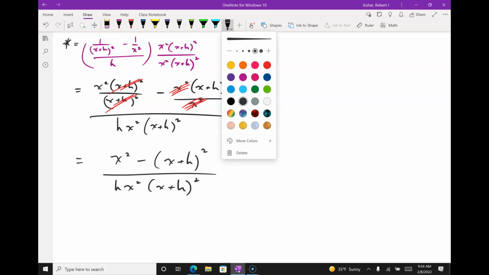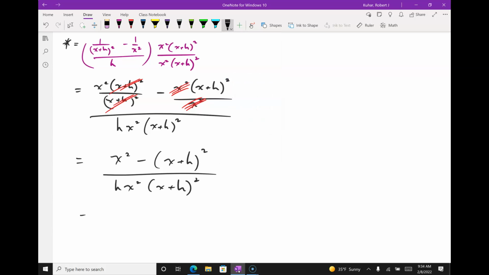What do I have to take care of first? The square or the negative? Square, right. Got x squared minus x squared plus 2hx plus h squared. Hopefully that one we have memorized now.